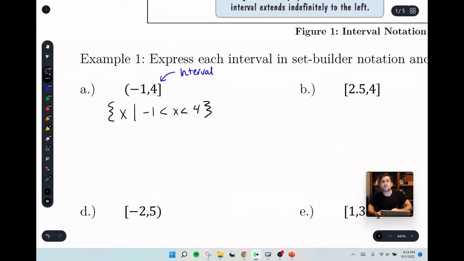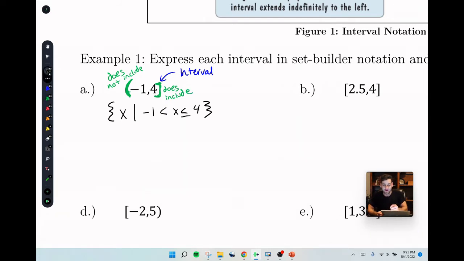And then we're going to ask ourselves, does it include -1? Well, because of this soft bracket or this curved bracket or this parentheses, it does not include, right? It does not include. And because of this hard bracket or this squared off bracket, it does include on the other side, which means we can put a line underneath it and we're done.